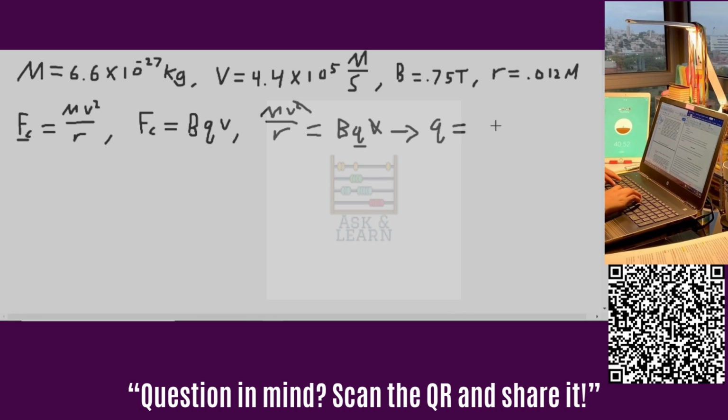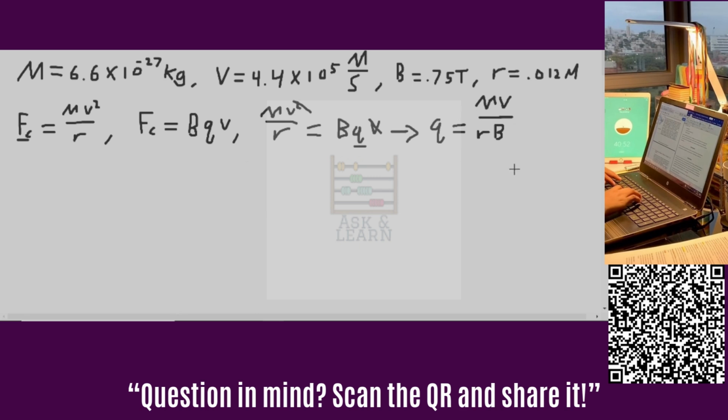So q is equal to m v divided by r B. Another point: this was a velocity squared, but since we divided by velocity, it only canceled out the square, so we still have a velocity in the numerator. This is much simpler to plug into than doing this and then doing this.